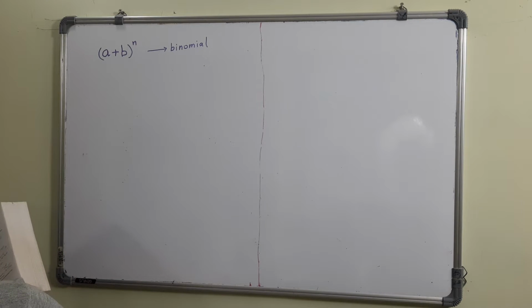The ancient mathematicians knew about the expansion of (a + b)^n for n from 0 to 7.